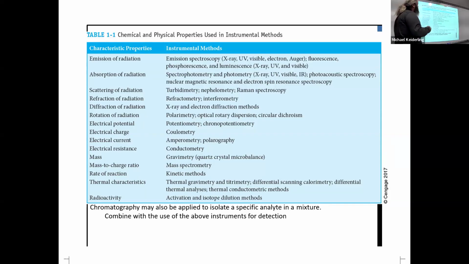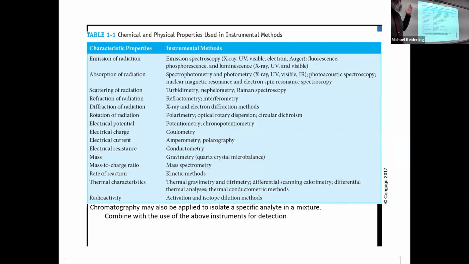So this is spectrophotometry and photometry, could be X-ray, UV, visible, IR, photoacoustic spectroscopy, nuclear magnetic resonance, and electron spin resonance spectroscopy is also absorption.